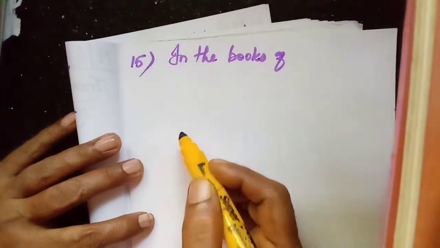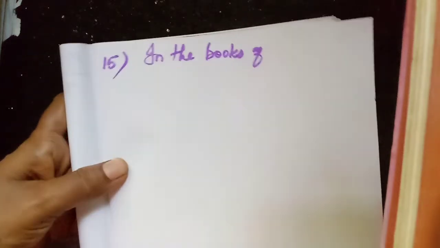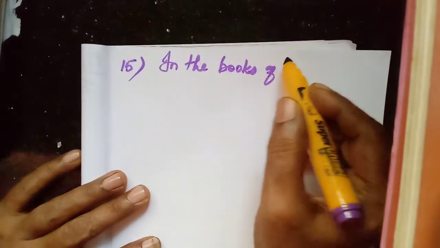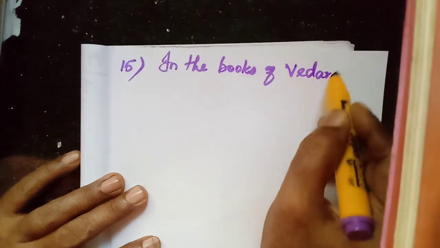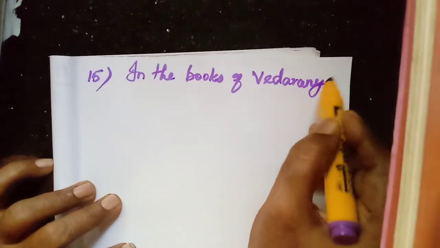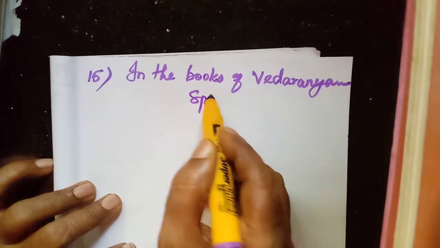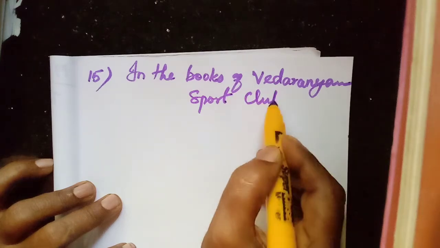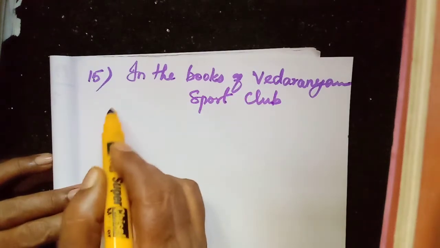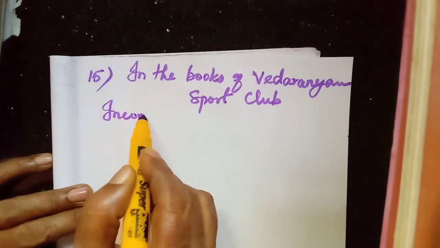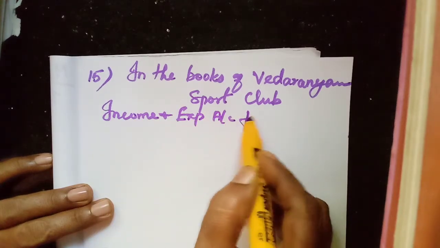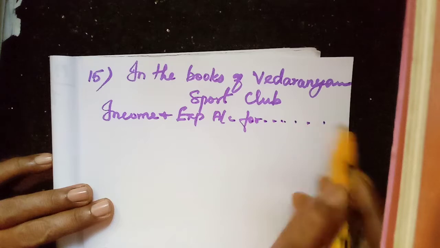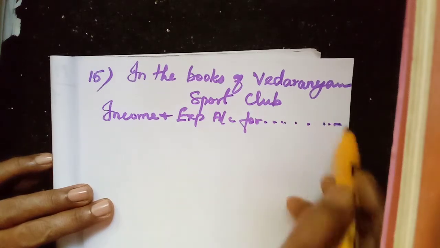Now in the books of Vedaranyam Sports Club. When you do this in the accountancy notebook, you use both the pages. Income and expenditure account. For the year ended, write; if there is no date, you can put it like that.